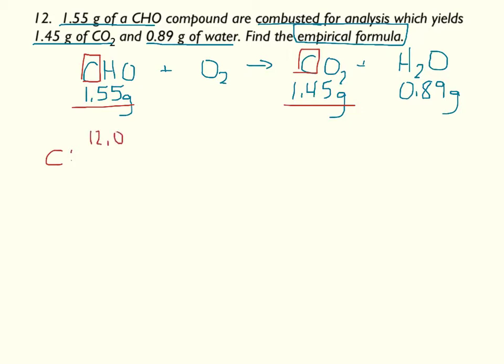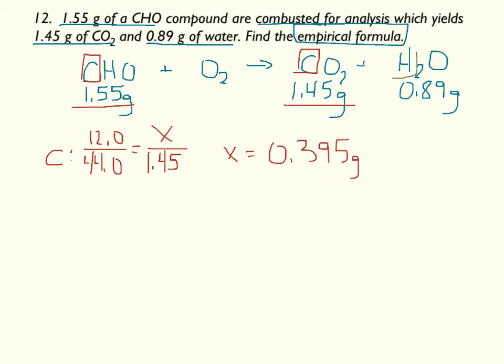So 12.0 grams out of 44.0 grams, the molar mass off the periodic table. How much of that carbon is in a 1.45 gram sample? So solving for x, we get x is equal to 0.395 grams of carbon.